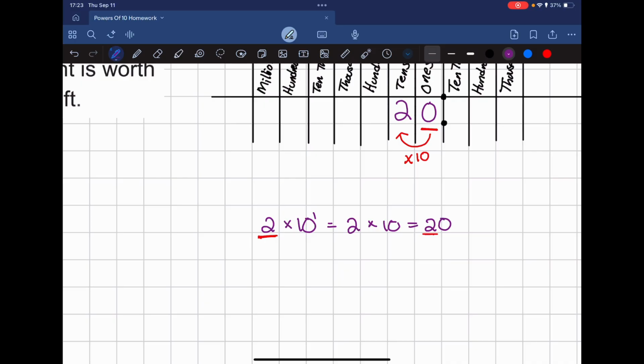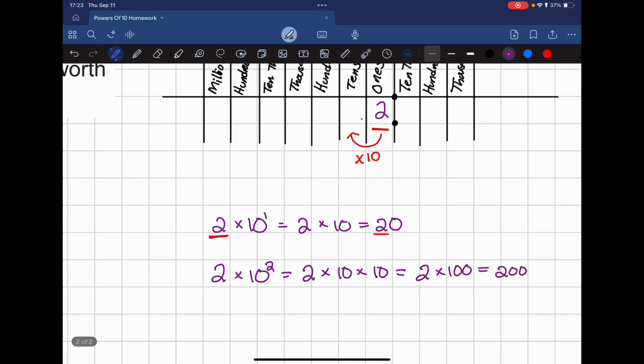Now, if I take this same 2 right here and I multiply it by 10 to the second power, we can do the math for that. We know that that's 2 times 10 times 10, which is equal to 2 times 100, which is equal to 200, right? I'm just writing it all out so that we can all see it. I want all the dots to be connected here, okay?